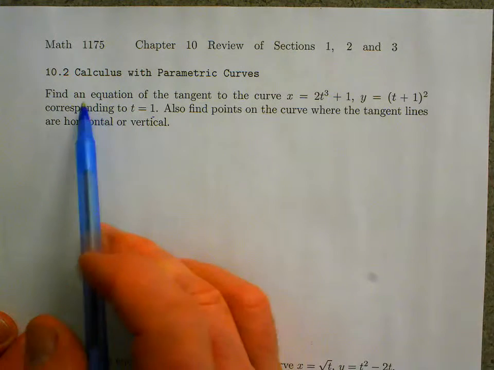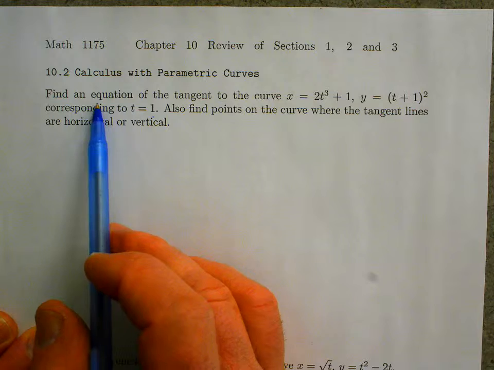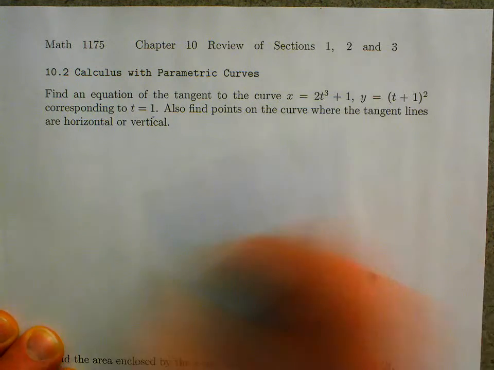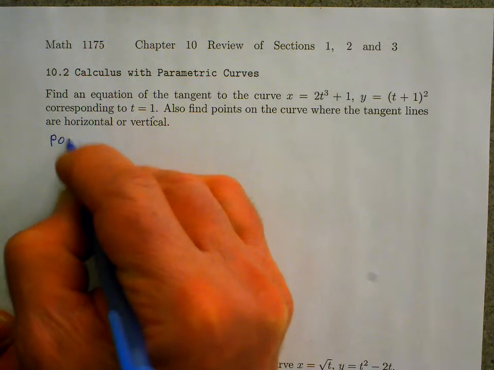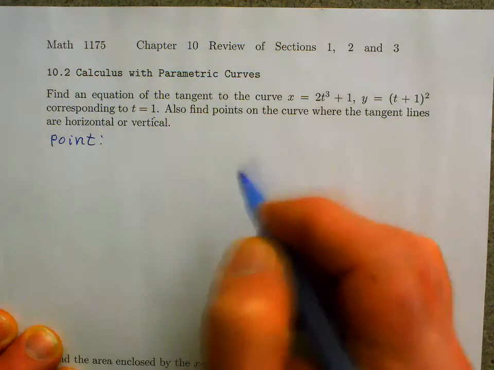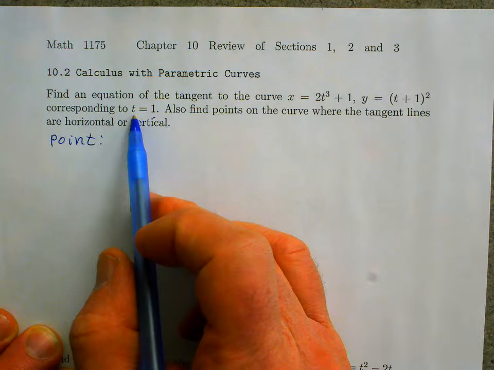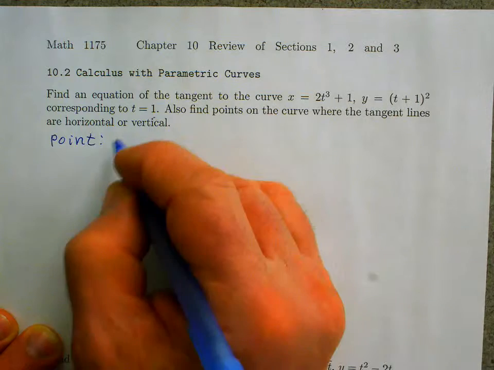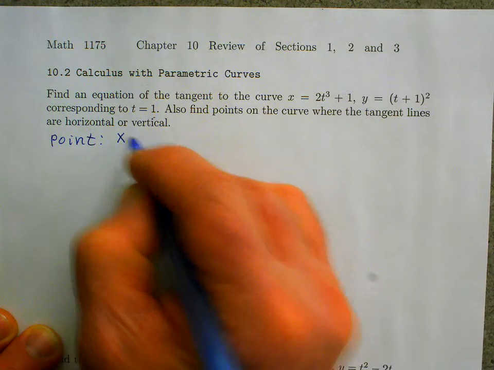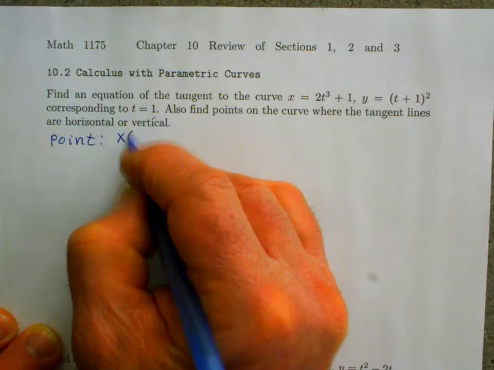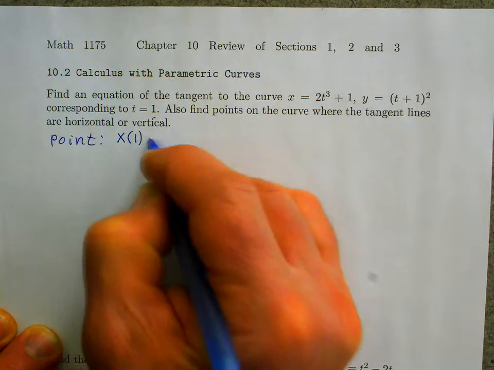If we want to find an equation of a tangent line through a point, we have to find the point. So we want to find the x and y coordinates of the point when t equals 1. So I'll just write this as x evaluated at 1.